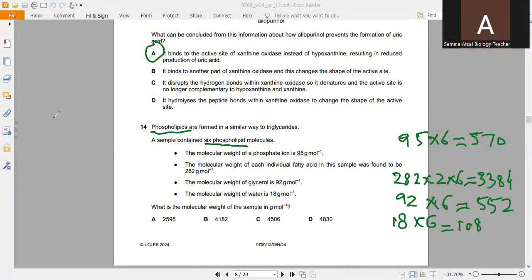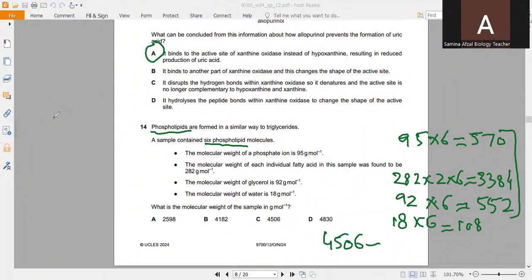First of all, we have to add these. 570 plus 3384 plus 552 is equal to 4506.